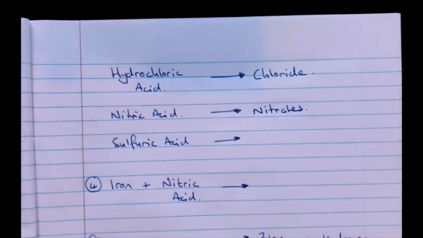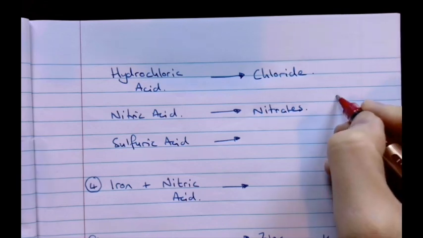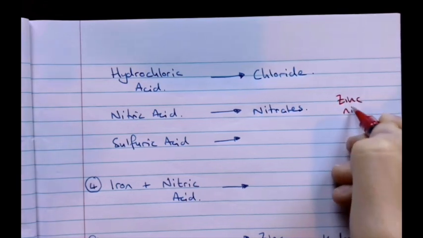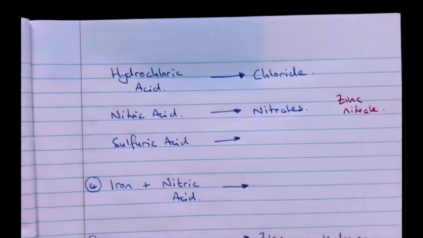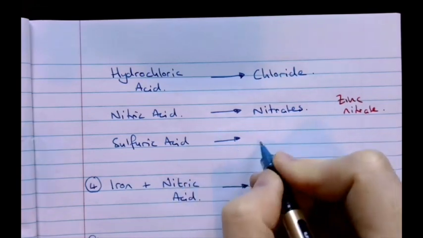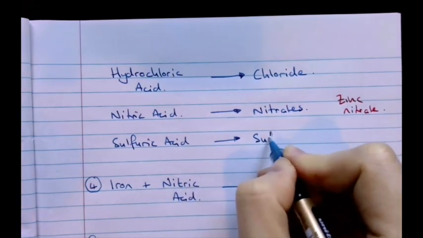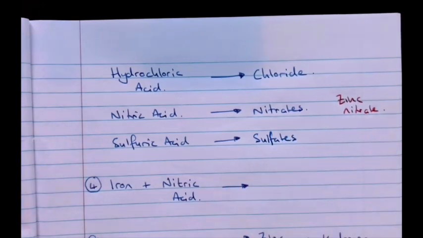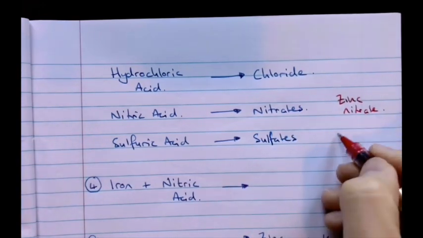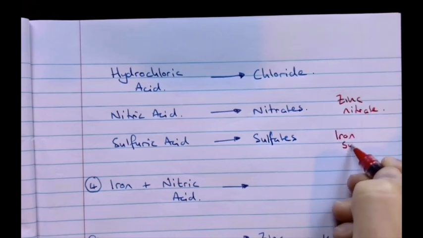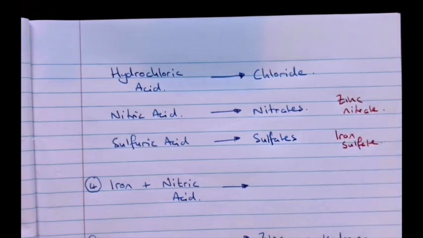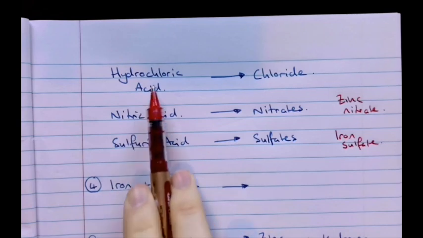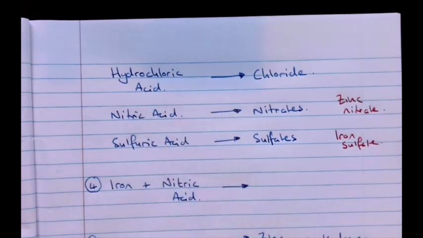For example, you might have zinc nitrate. And the third type of acid is sulfuric acid, which makes compounds or salts called sulfates. Okay, perhaps like iron sulfate. Okay, so you need to know these 3 acids and the compounds, the salts that they make.